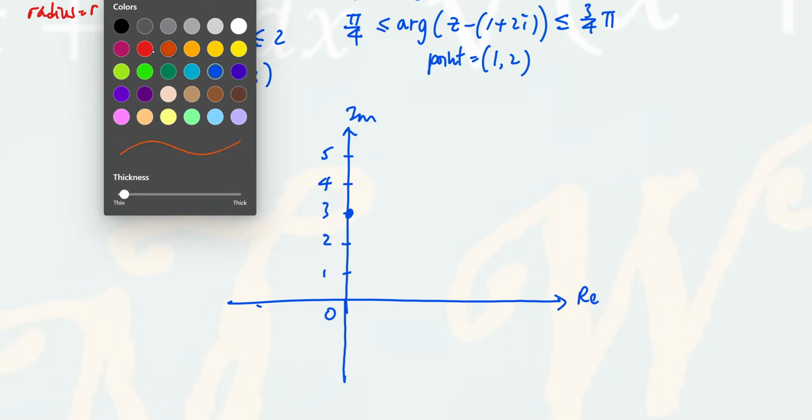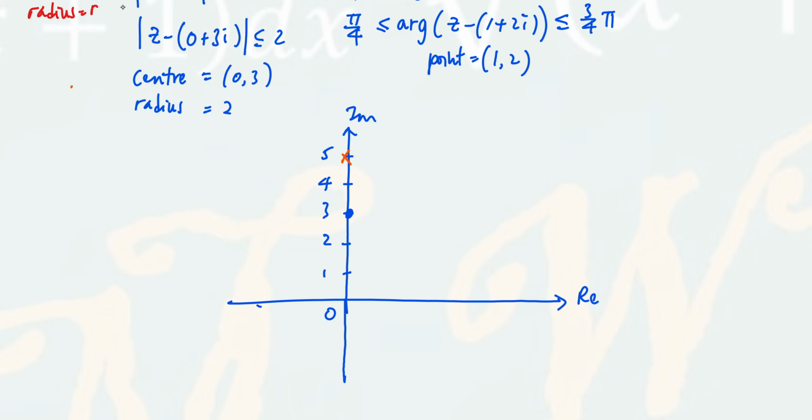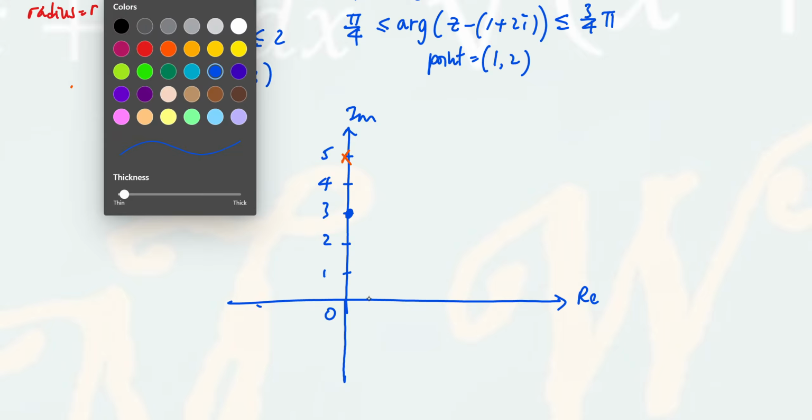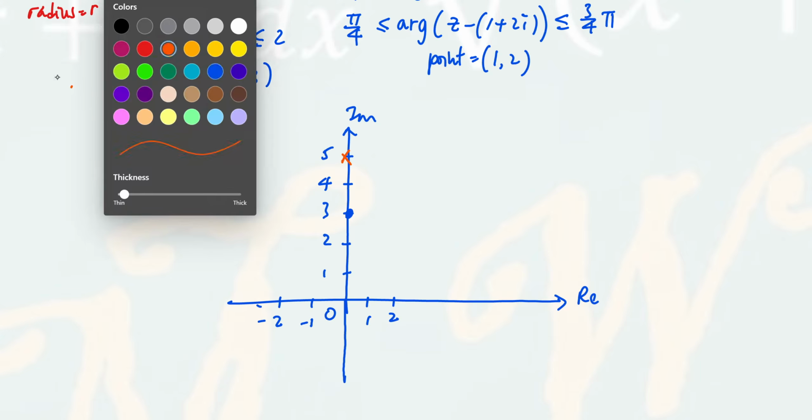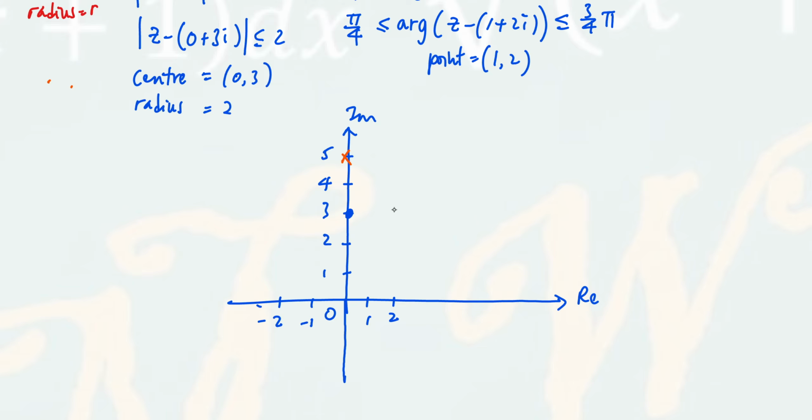The radius is 2, so going up 2 units, then going to the left and right side 2 units, going down 2 units, and going to the left side 2 units. Then join this to get a circle. Just try your best to draw a smooth circle.